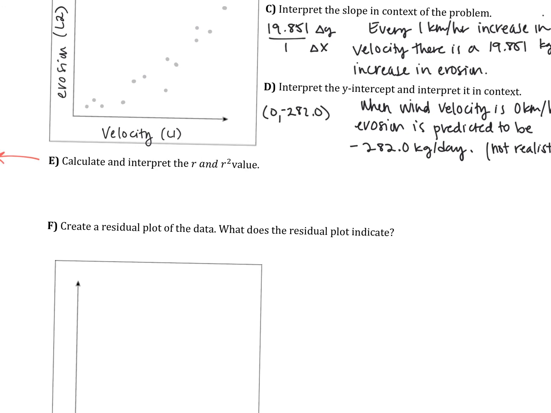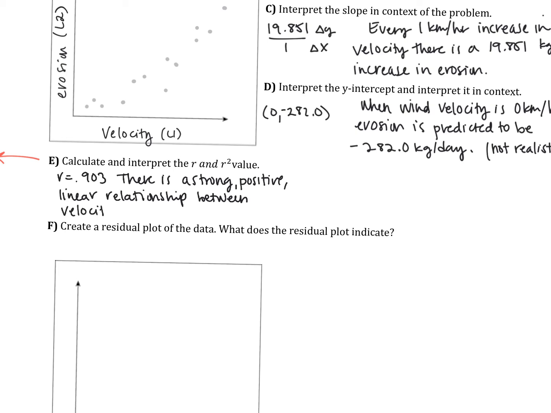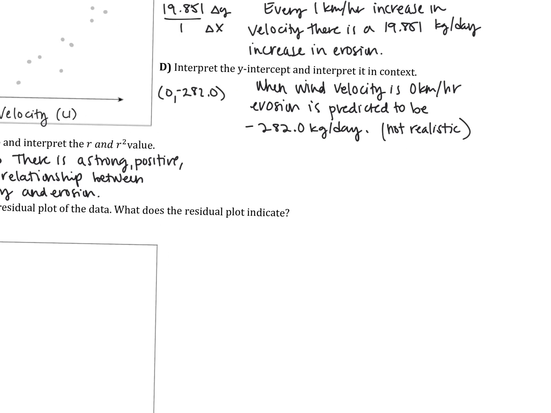Okay, the R value is 0.903, which means there is a strong positive linear relationship between velocity and erosion. Let's do r squared.